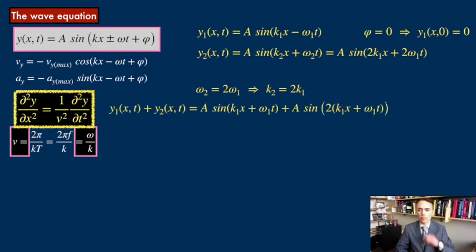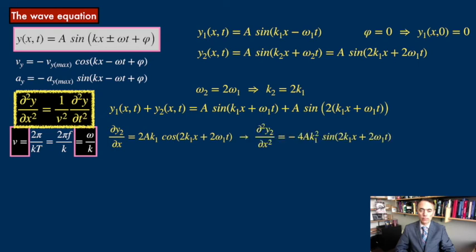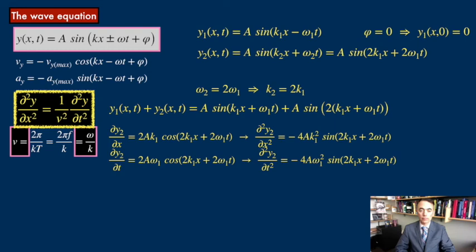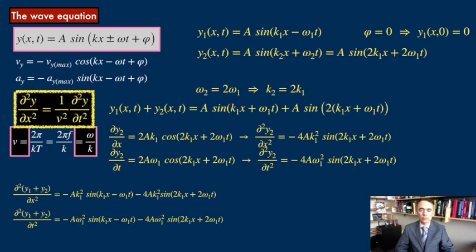The sum equation is... the second derivative with respect to the position is... the second derivative with respect to time is... because v is omega over k.